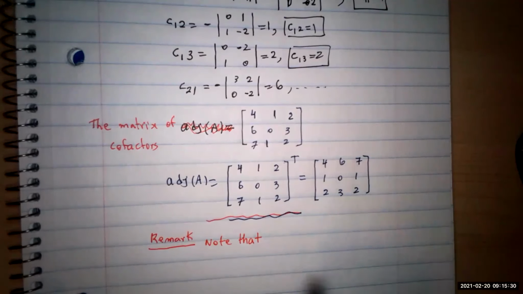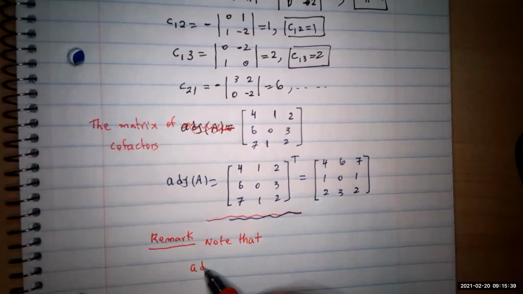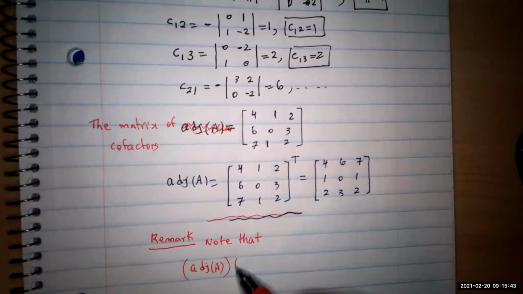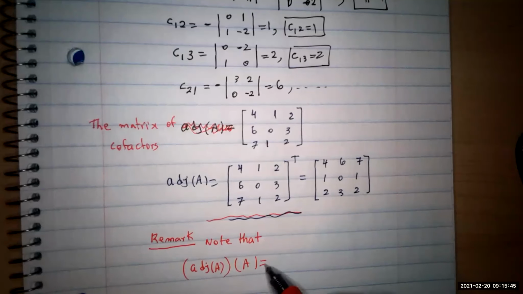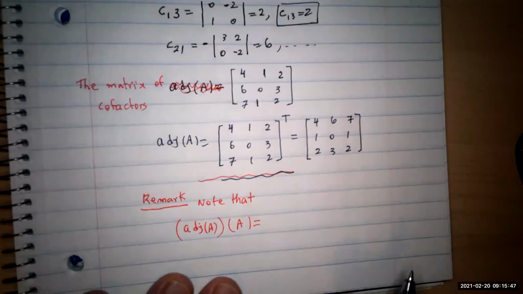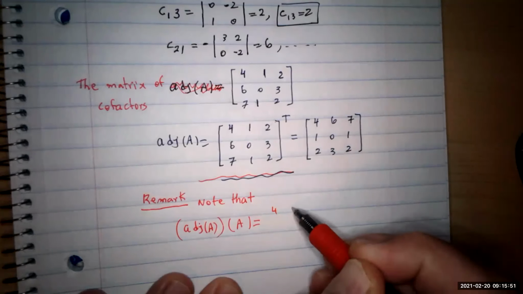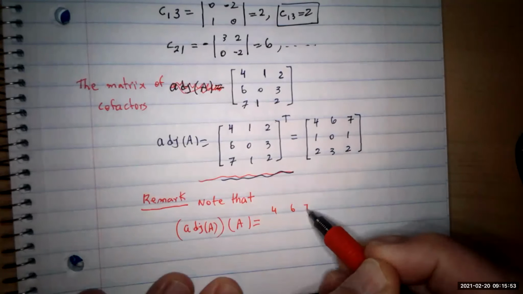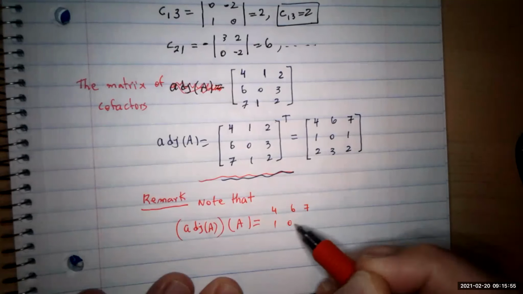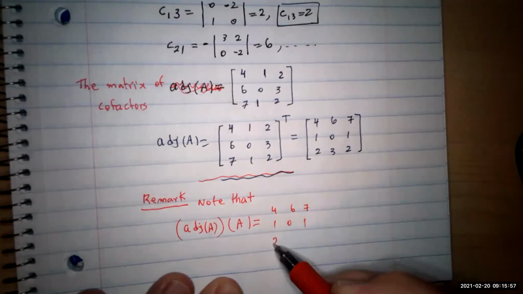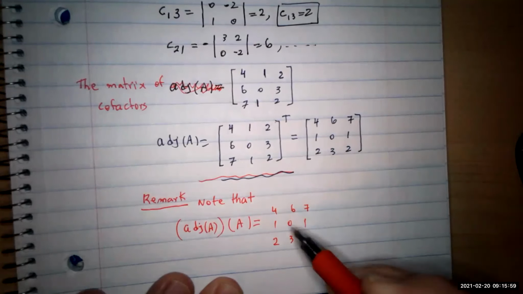In this case, if you multiply the adjoint of A by A, let's see what we are going to get. The adjoint is 4, 6, 7, and 1, 0, 1, and 2, 3, 2.